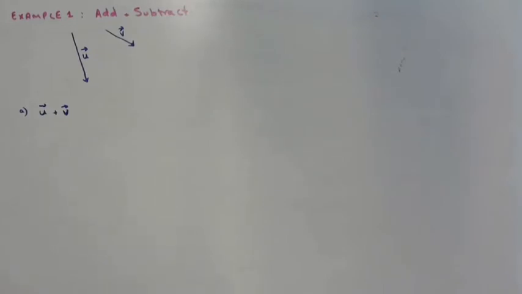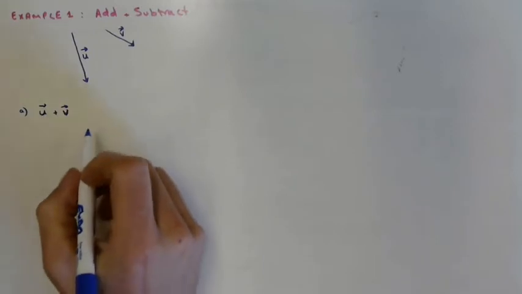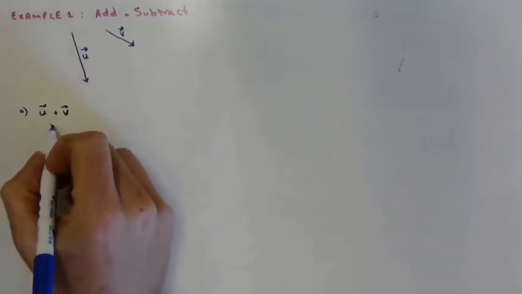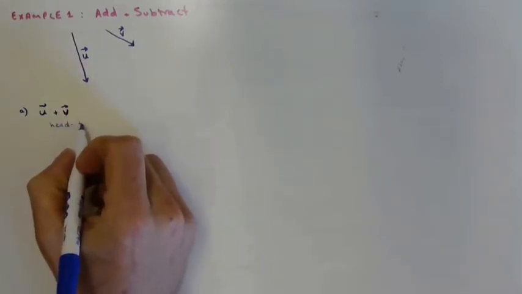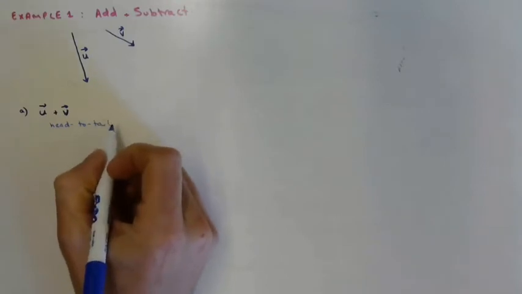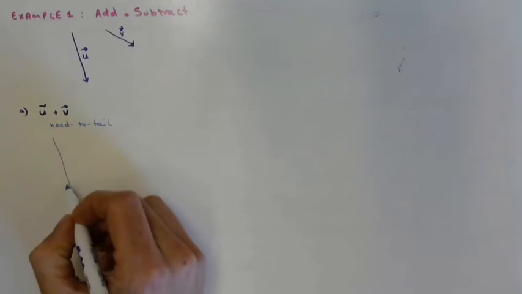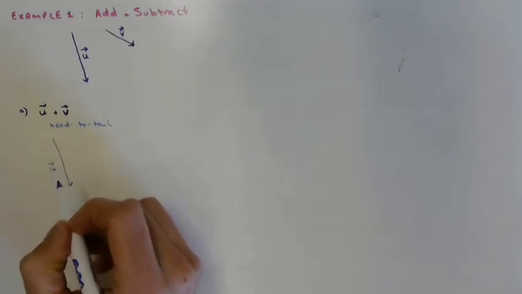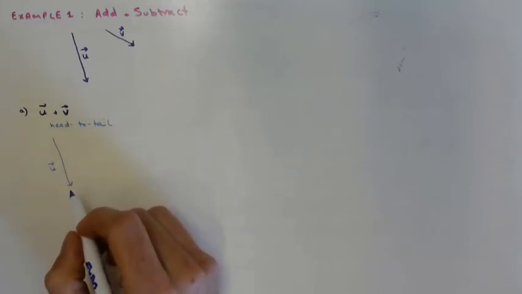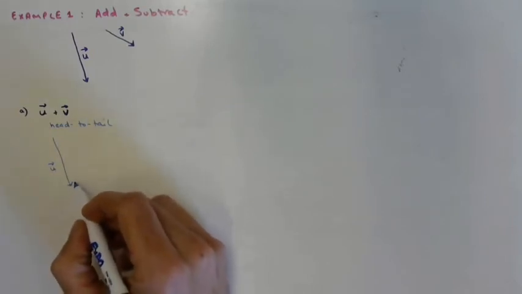All right, well, one of the methods that we can use is the head to tail method, okay? What does that mean? Well, it means we're going to draw a vector u. Okay, we have vector u, and we are going to translate vector v so that its tail is at the head of vector u.